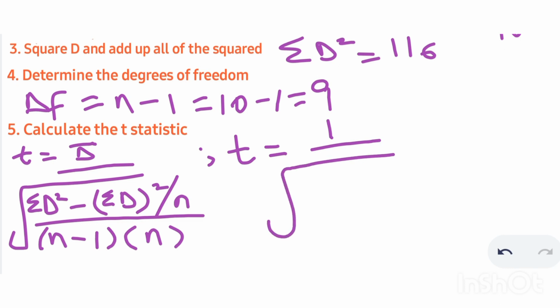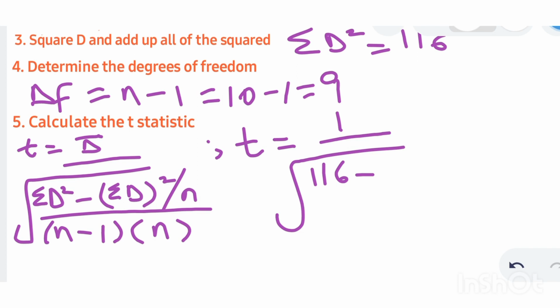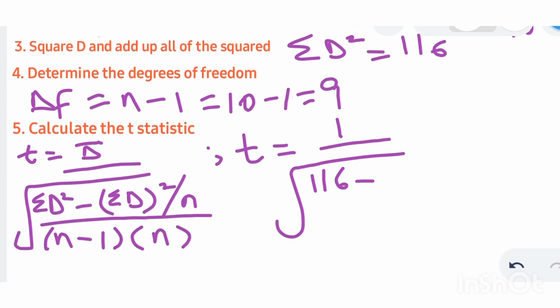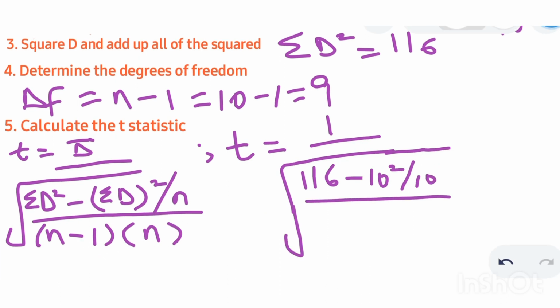Next we have summation D squared, whose value is 116, minus, following the formula, summation D all squared. That takes us to our summation D, which gives us 10, so here we have 10 squared over n. Our sample size is 10. Then n minus 1, that will be 10 minus 1, then times n, which is 10.